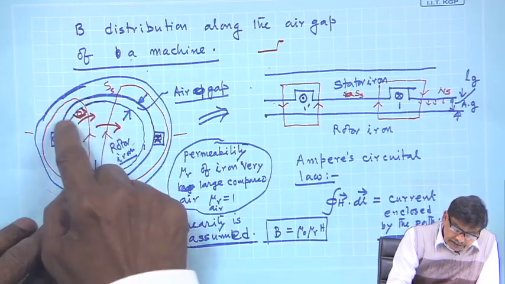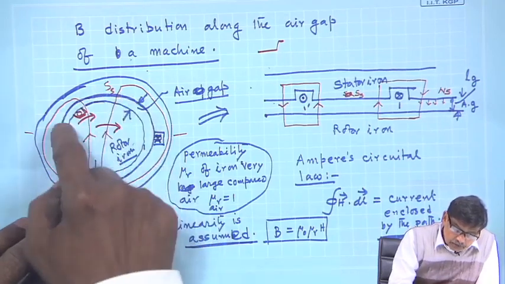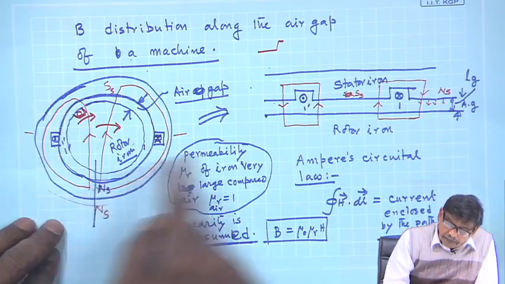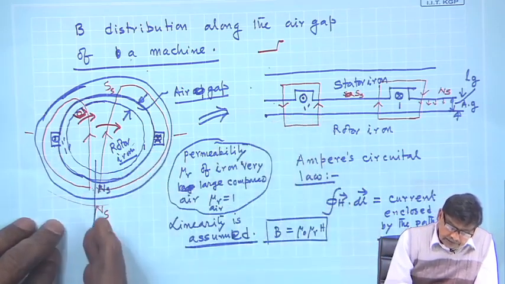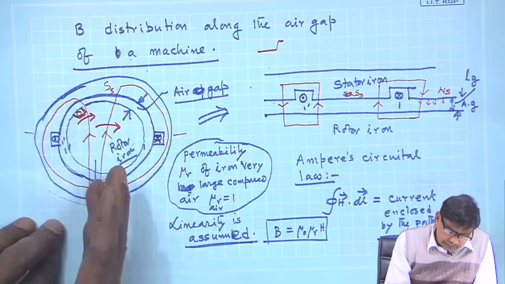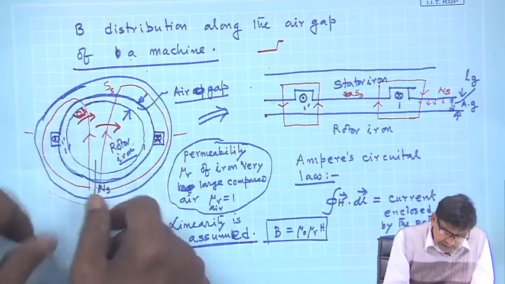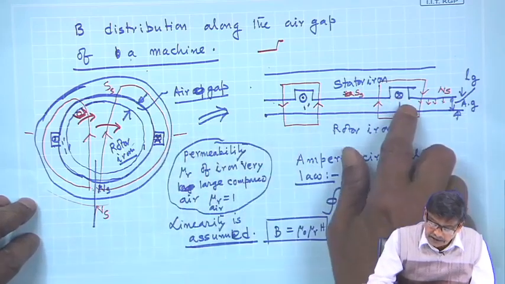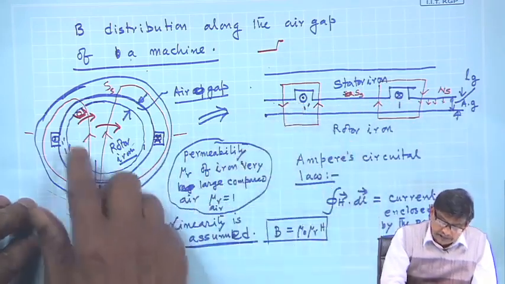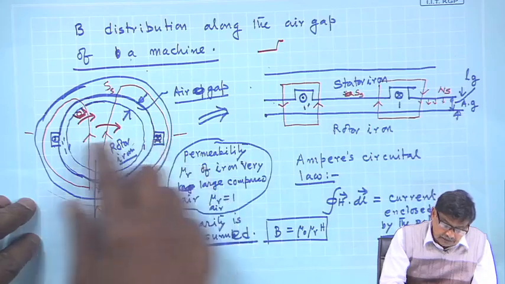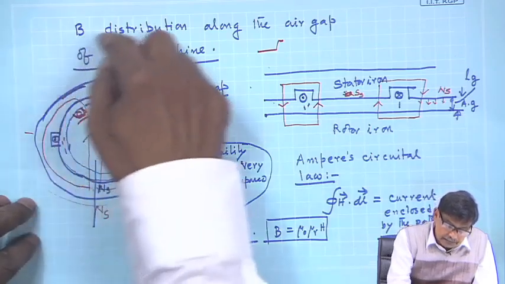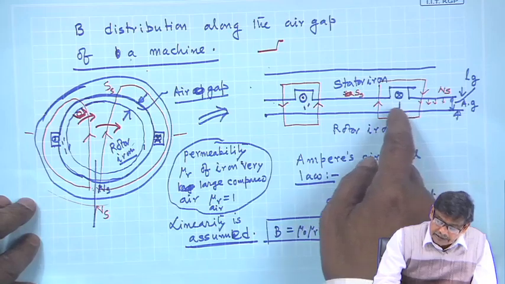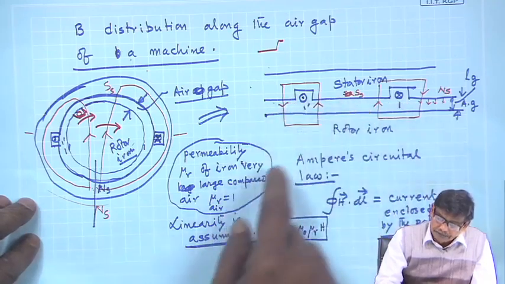So this stator surface will become a south pole, and the stator up here will become a north pole, and this is the developed diagram, that is, suppose I have cut it like this and spread it around, then one will appear here, one dashed here, same currents. This is a coil, which means at the back they are joined, it could be a multi-turn coil, and then this is the current.